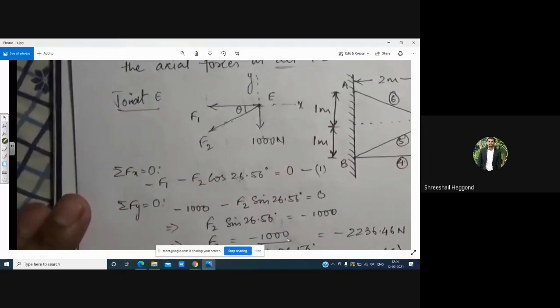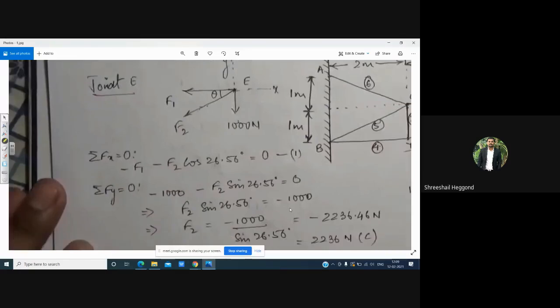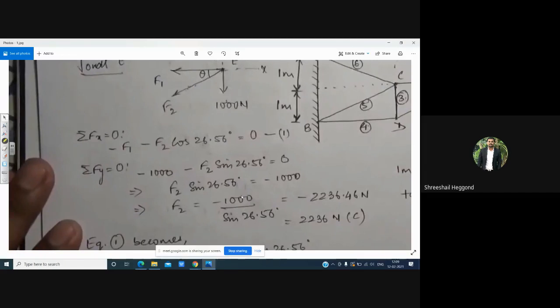Substitute in the second equation, and the only unknown is F2. All remaining values are numbers. Calculating the F2 value, it becomes minus 2236.46 N. In round figure you can write 2236, that too in compression. If it is a negative sign, you write that it is in the compression zone.